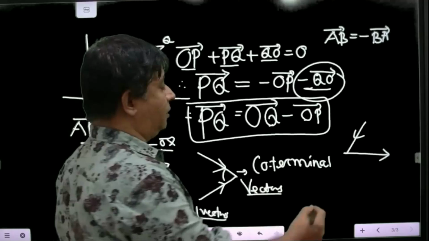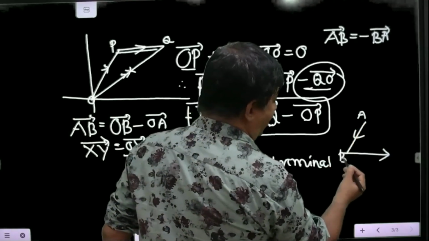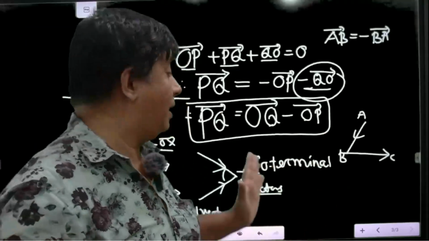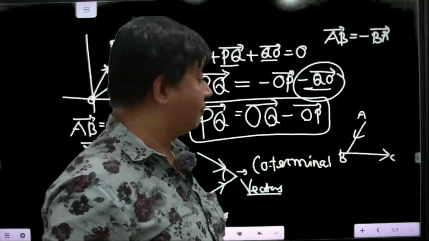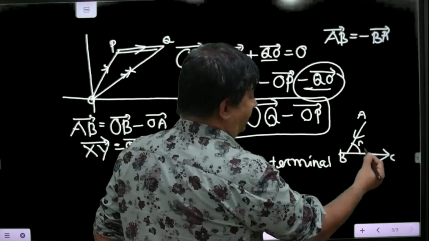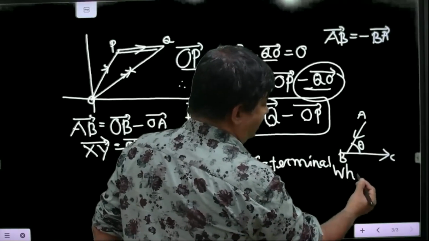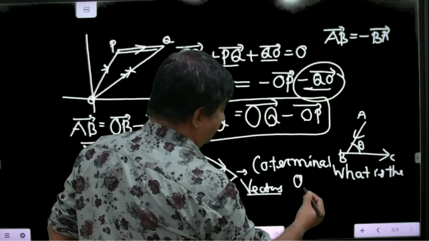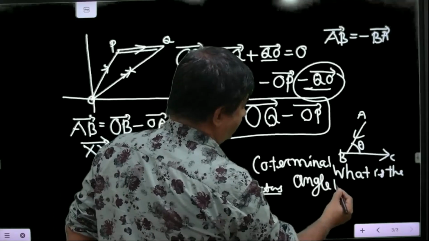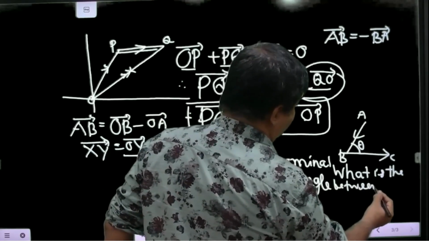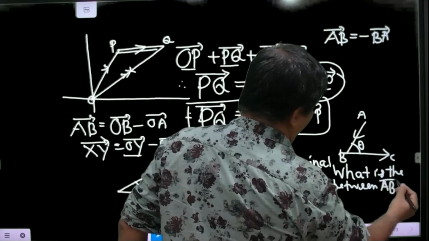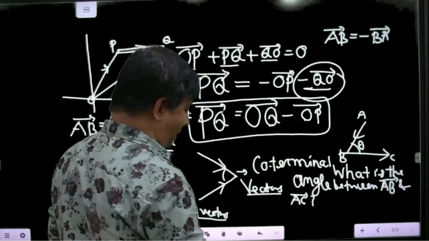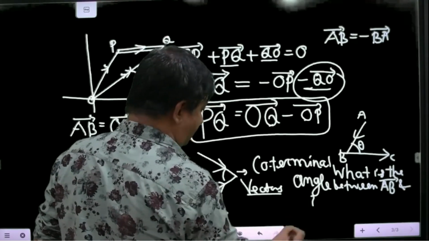then suppose this is A, B and C, and you are asked to find the angle between AB and BC. Suppose this angle is theta, and you are asked to find the angle between AB and BC.